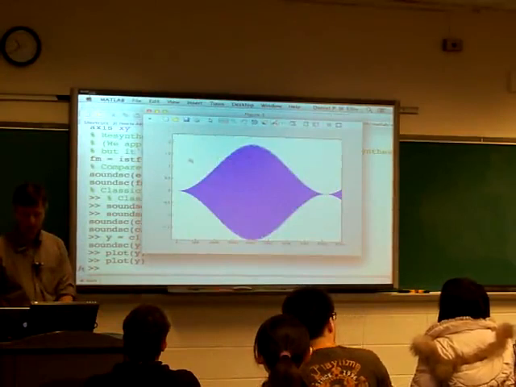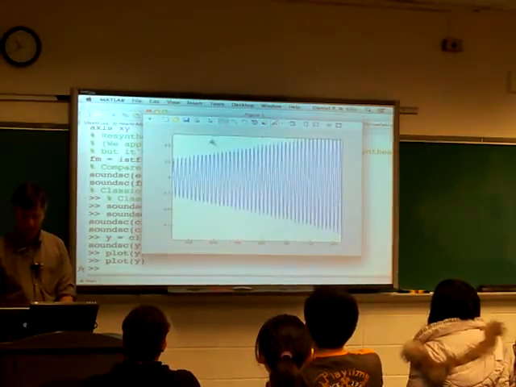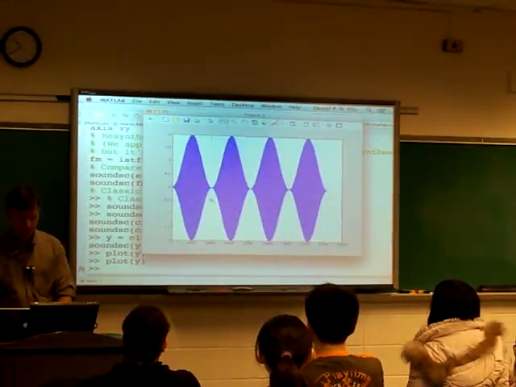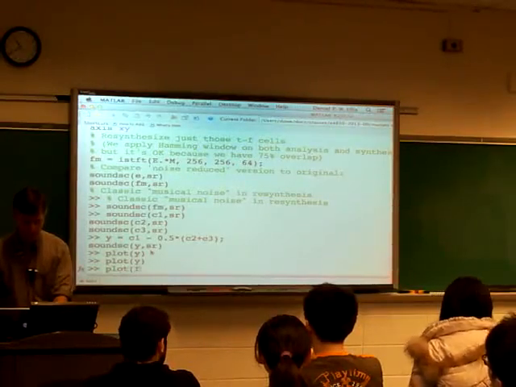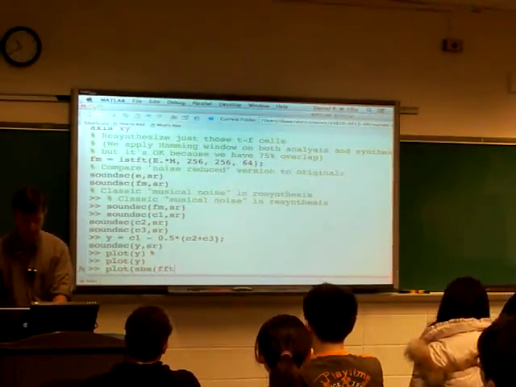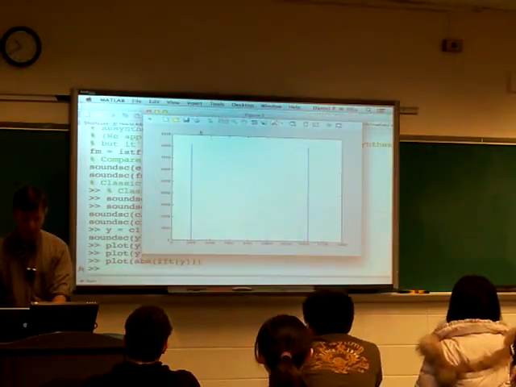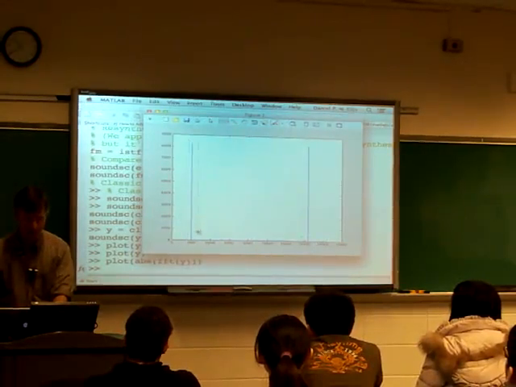If we zoom in on this, you can see there is actually a sinusoid in here, but it's subject to this modulation. If we take its FFT, you see it's this one narrow line, but the narrow line is not a single point.